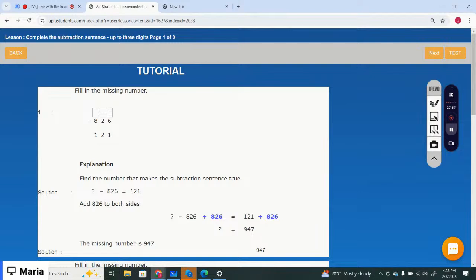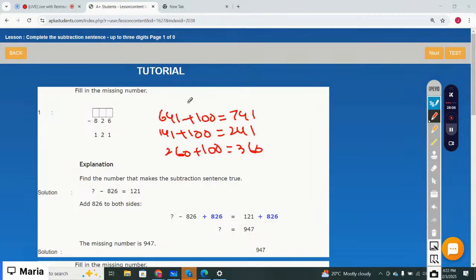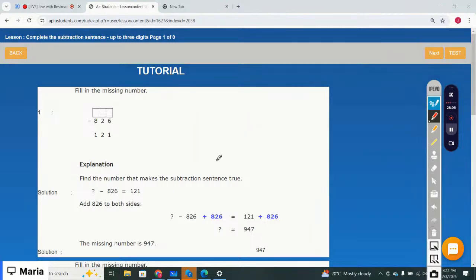The missing number minus 826 equals 121. So 121 is the difference of two numbers. One of the numbers is given and the other number is missing. Missing number minus 826 is 121.